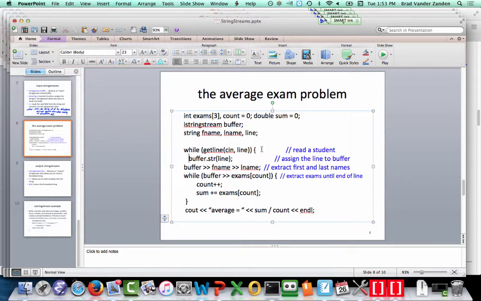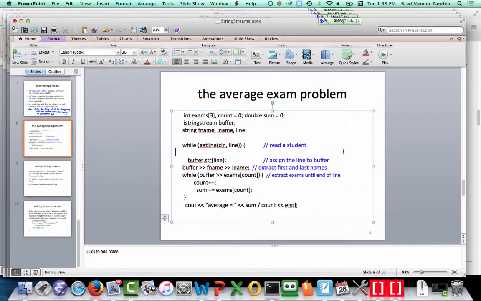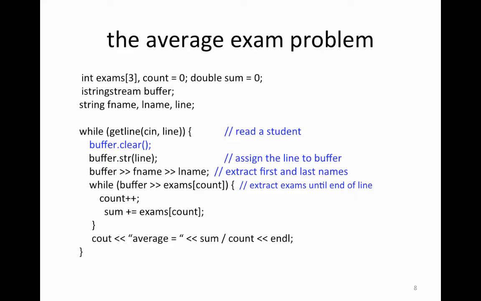Now before I call my str command, I need to clear it. Okay, but everything else is the same. Okay, so that's going to read everything, every line, and print out the average for each student.